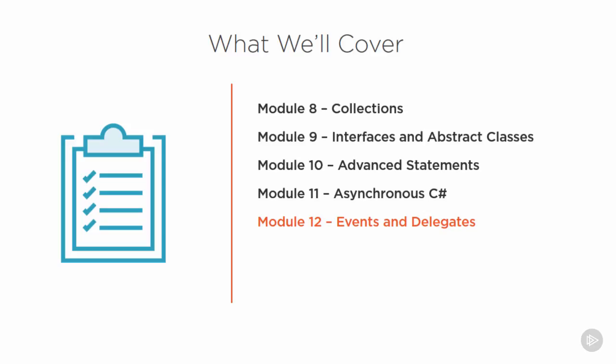These are central to GUI applications, the type of applications you're used to using on your desktop, on the web, and on your phone. Module 13, we talk about the very powerful LINQ infrastructure that makes querying against data that's in memory or on disk or in a database much easier. And finally, in Module 14, we will review.